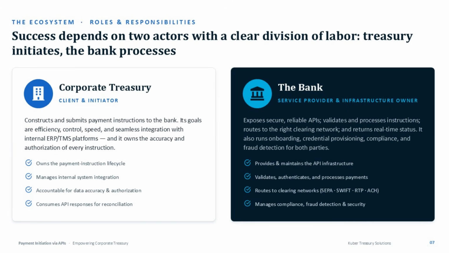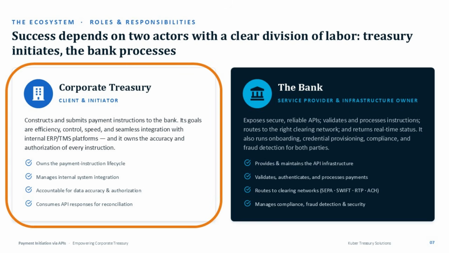On one side, we have corporate treasury. Treasury creates the payment instruction. Treasury makes sure the payment information is correct. Treasury also makes sure the payment has the right approvals before it is sent.